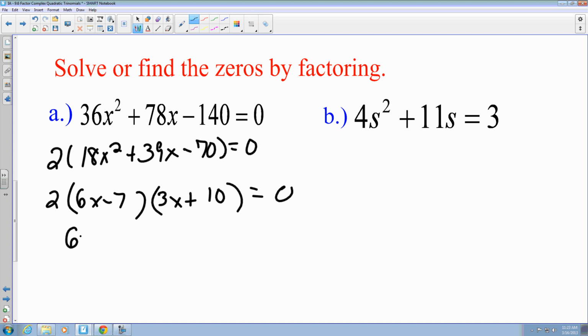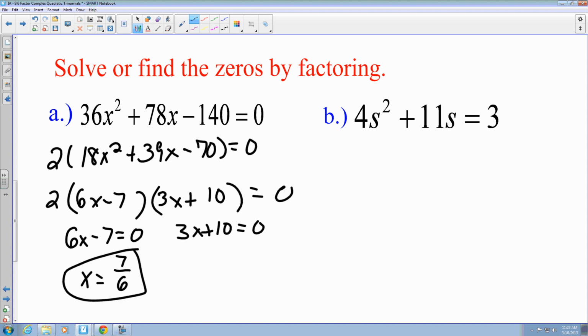So I go 6x minus 7 equals 0, and 3x plus 10 equals 0. If I add 7 to both sides and divide both sides by 6, x is going to equal 7 over 6. And if I subtract 10 from both sides and divide both sides by 3, my x is going to be negative 10/3.